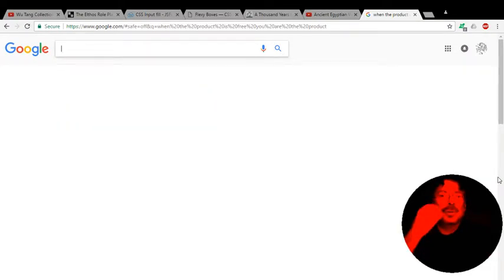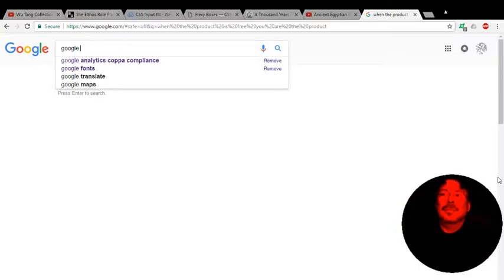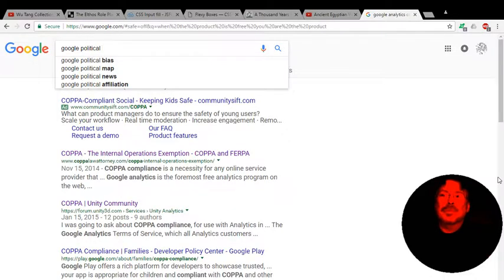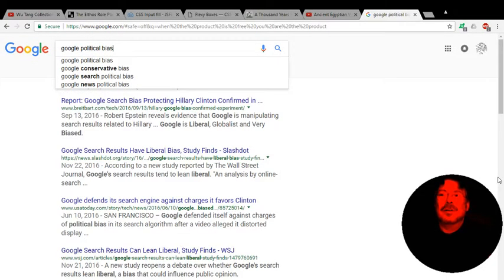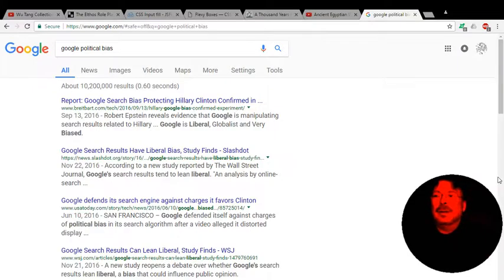When you're dealing with political topics, obviously, if I'm looking up something about D&D, I don't expect it to produce a politically biased result. But if you look up Google political bias, you get 10 million hits in 0.6 seconds.